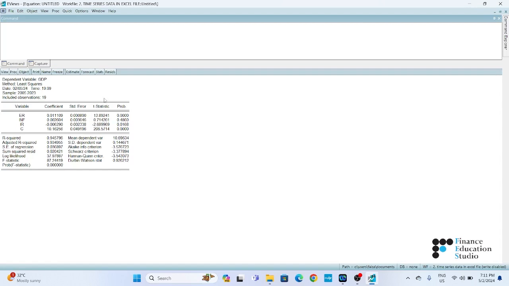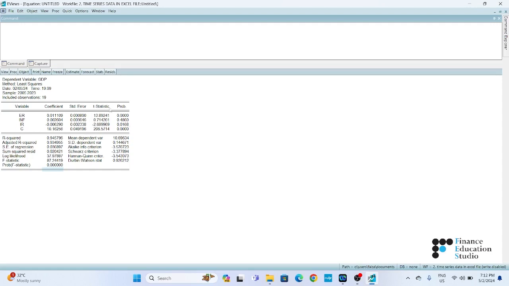Now, how do we interpret the result of our OLS regression? While reporting your results, you need to look at probability value, R square value and F statistics value. First, look at the probability value for particular variables.